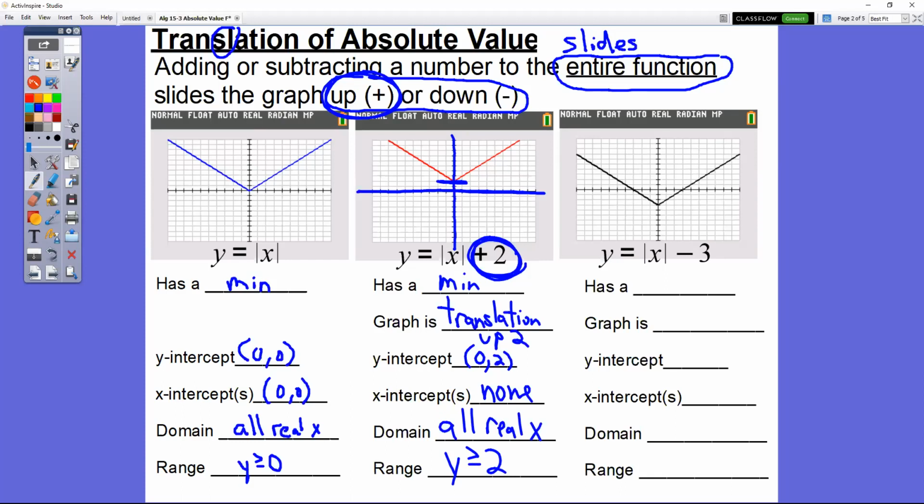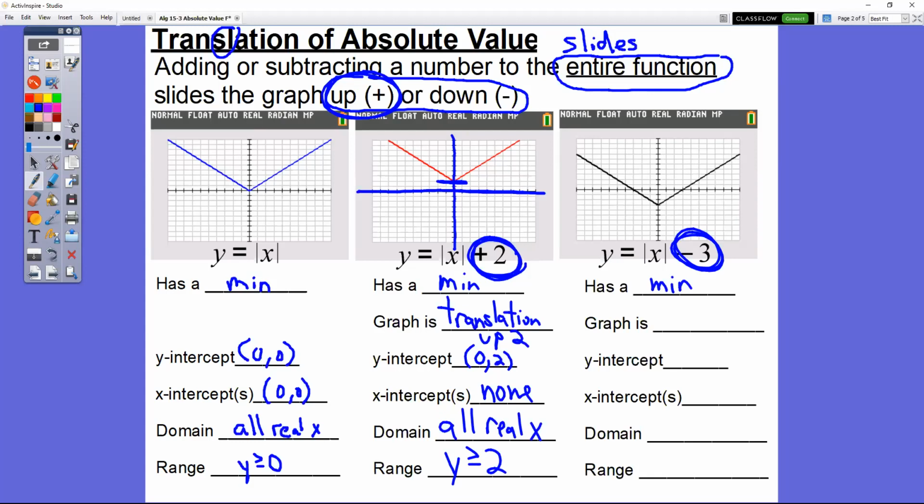If we subtract 3 from the entire function, notice what happened from our original one here in the blue to the one in the black. All that happened was it slid down. So it still has a min.